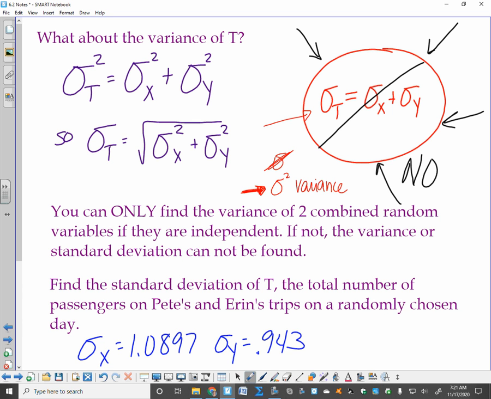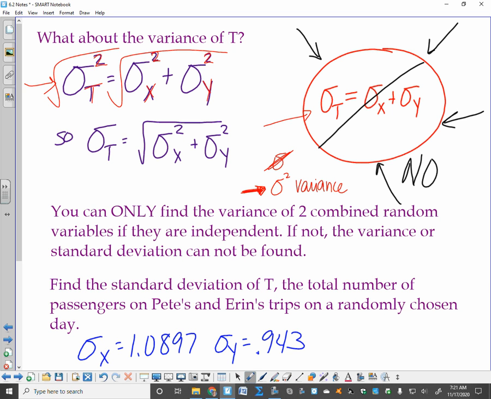The variance of the total equals the variance of Pete plus the variance of Aaron. If that relationship is true, then to get rid of the squares, I can square root both sides. But I have to square root the right-hand side in one big chunk. I can't square root things individually.